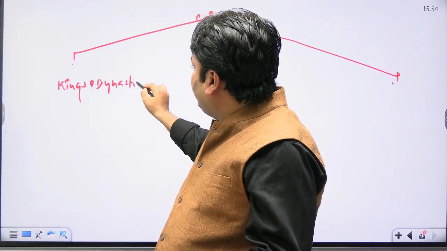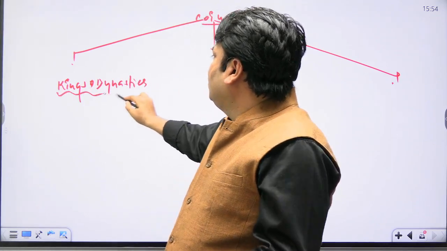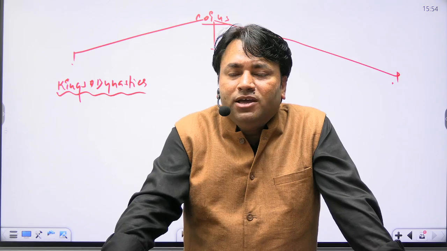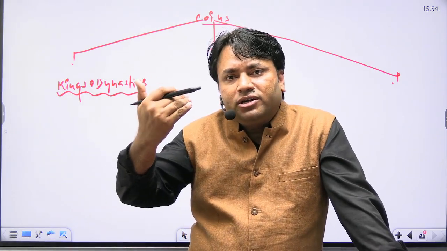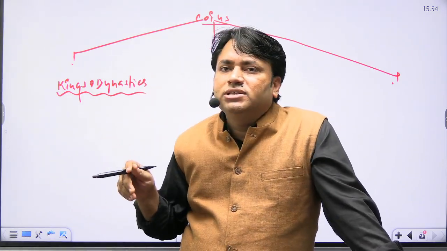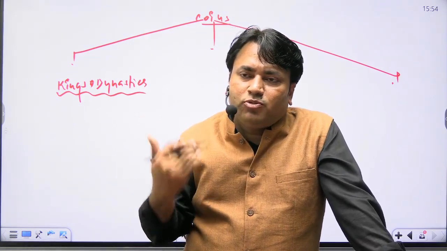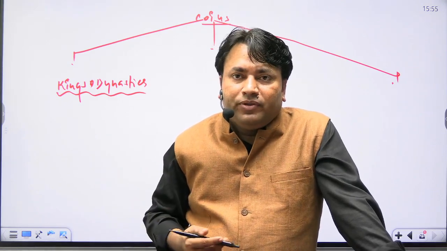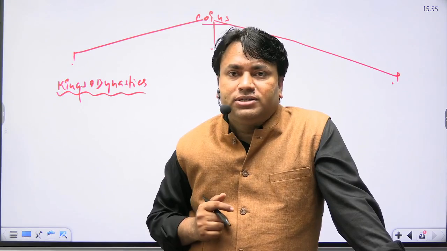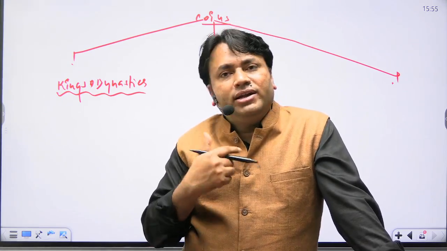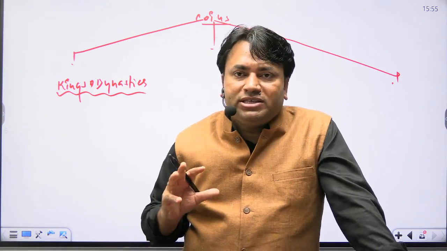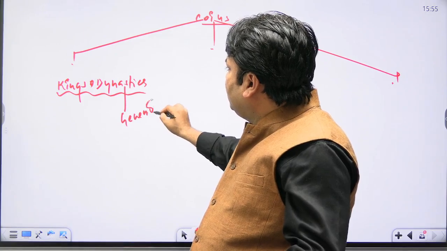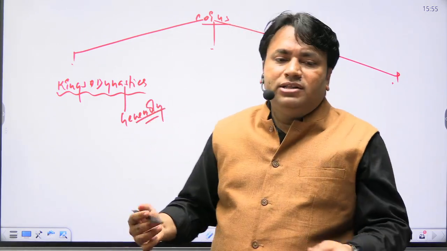When we try to reconstruct history with the help of other literary sources, at various points we see that the information is not continuous. So for connecting the dots, the information given in coins is used. On this basis we can make the genealogy of the rulers. So this is very important in this context.